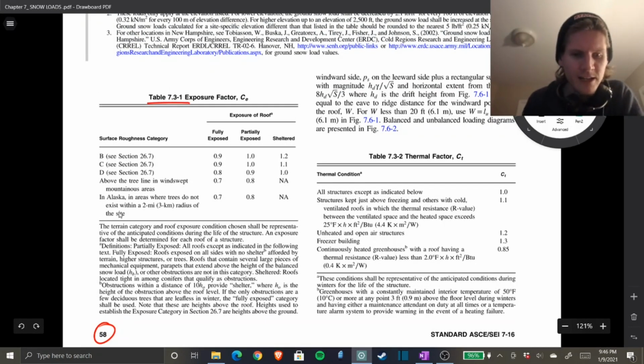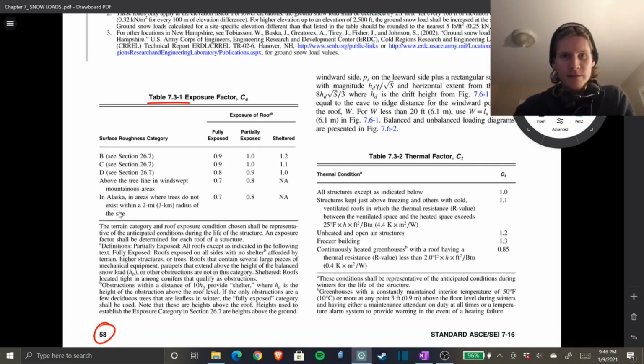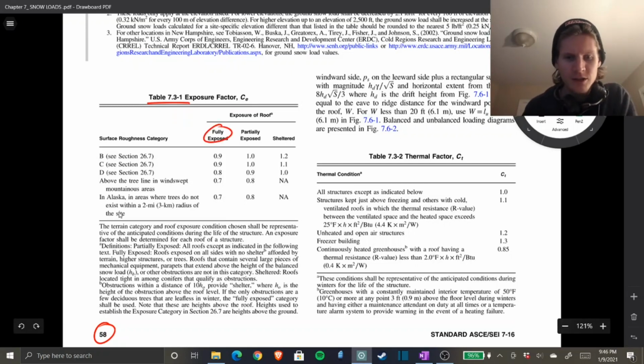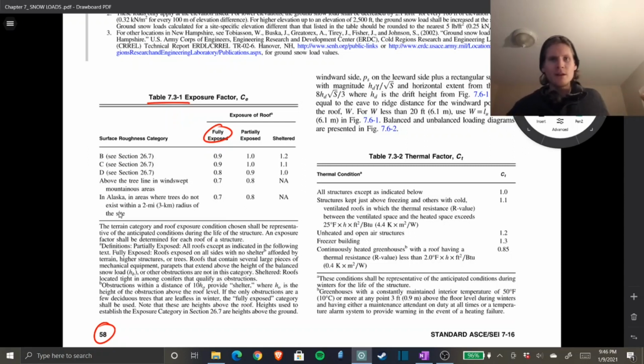So table 7.3-1, like the previous section said. We have fully exposed condition, so that's just exposure of roof, and that means your building is sitting in the middle of, we'll say, nowhere. There's no high trees around or other high buildings around that can obstruct wind and snow.